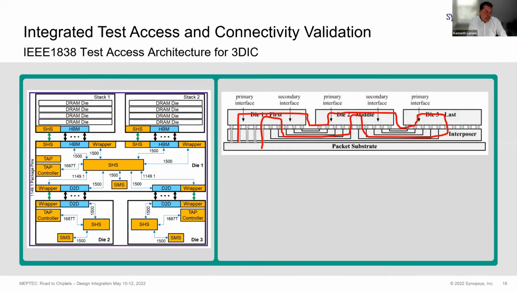Quickly on integrated test. So we promote 1838. On the left-hand side, you'll see a typical interposer-based design. We have some of our IPs, HBM, that's using IEEE 1500 testability connections. You can see we have 1149 as well, JTAG. And with the new standard 1838, we get this new capability where we can test many different known good dies, and we have support for that as well.